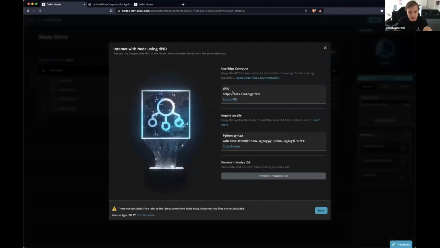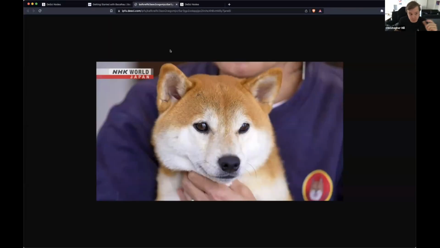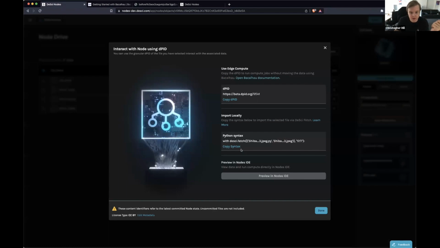I have here the DPID of that object, which forms its address, and I can use Bacalhau to send a Docker container over it to transform this image of a Shiba Inu, maybe with Stable Diffusion, or to segment it or whatnot. You can also import that image locally with a simple line of Python, and you could have that image now in your Python IDE. So this tremendously lowers the barrier to reusing these scientific artifacts.